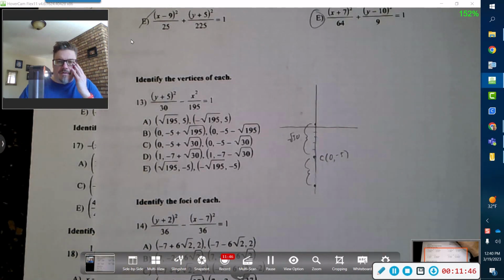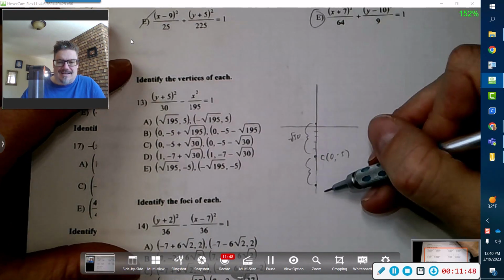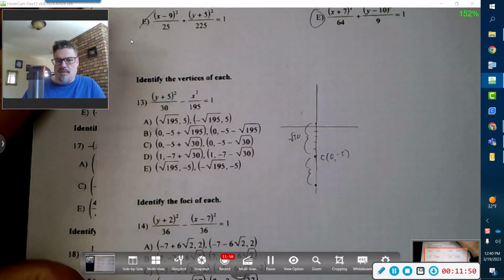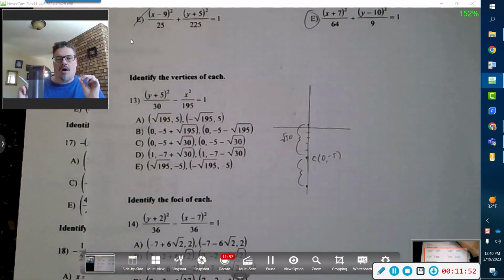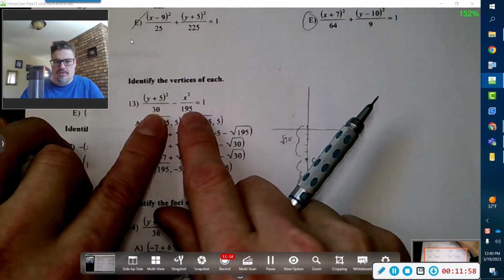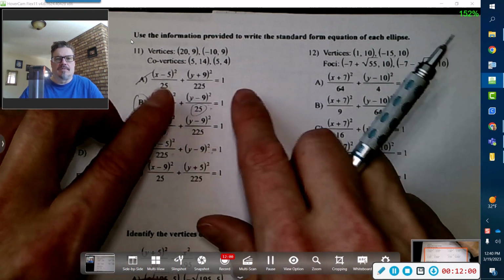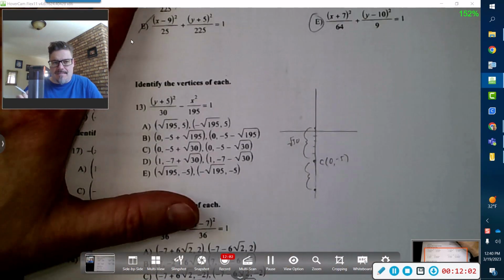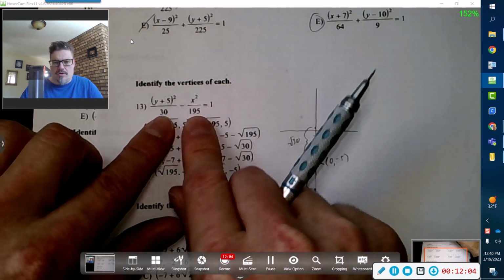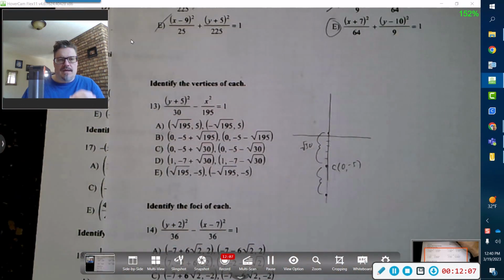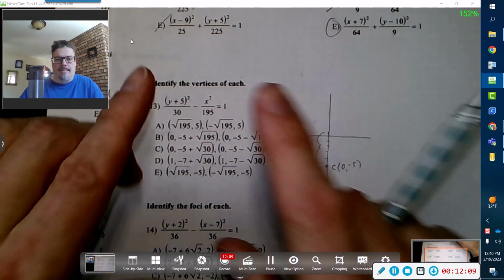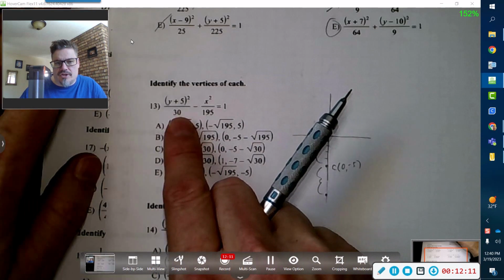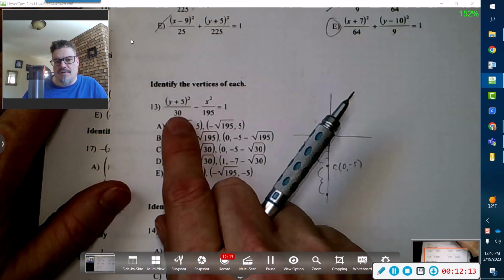Now the reason we know that these are the vertices is because for a hyperbola, the vertices are on the actual graph. It doesn't matter which of these is larger like it does for an ellipse, for the vertices and covertices. What matters for a hyperbola is which value is underneath the first expression.